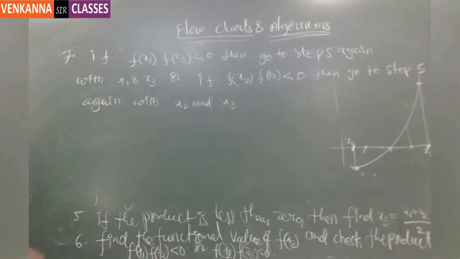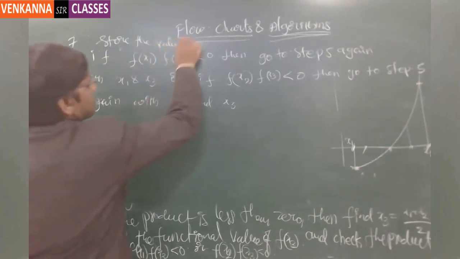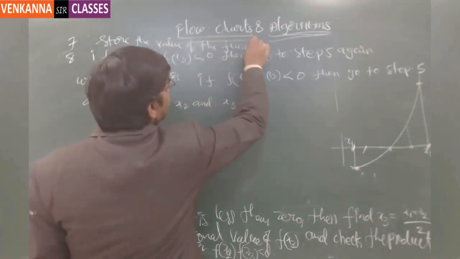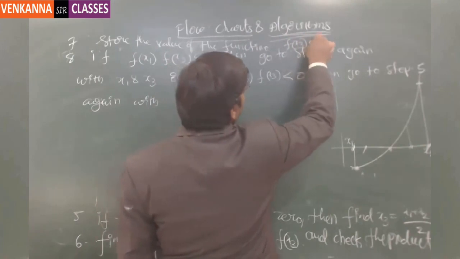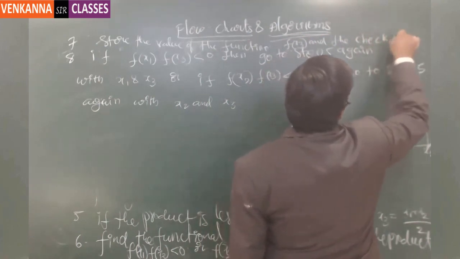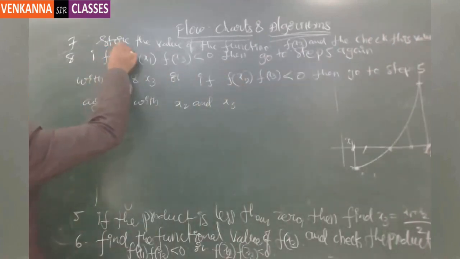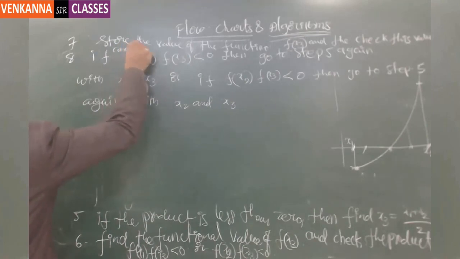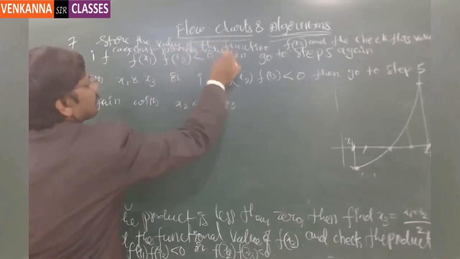And then here, once step 6 gets over, so this is the 8th step, and in the 7th step we need to store the value of the function f of x3, and then check this value against the previous value for the error.